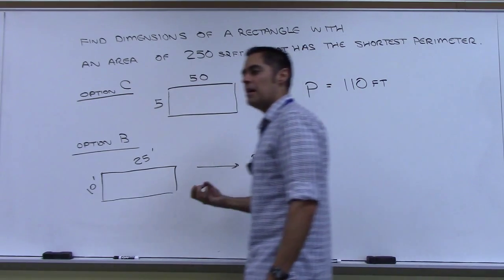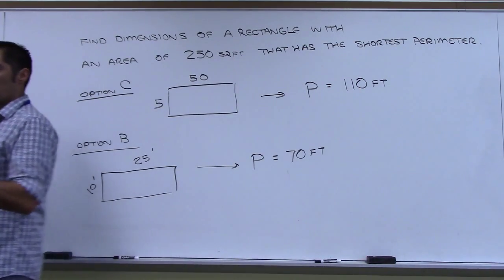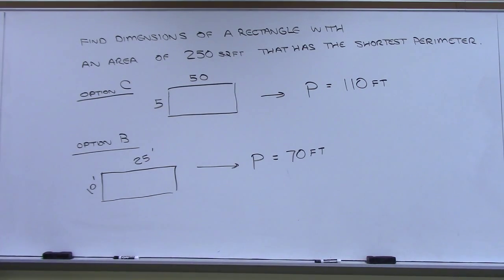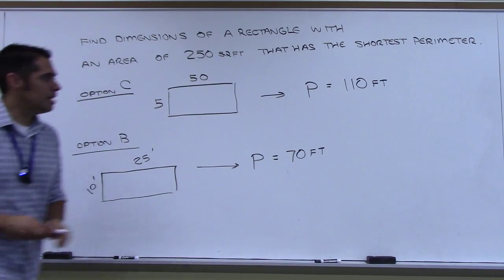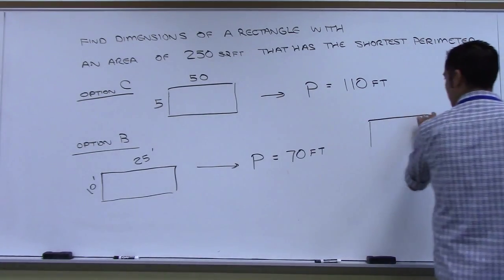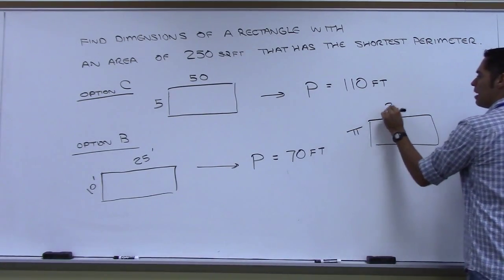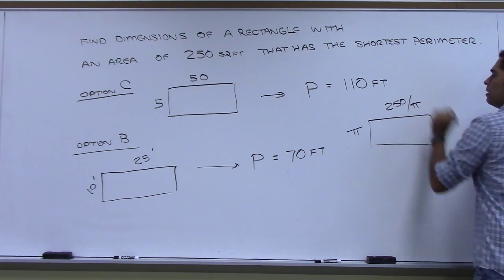And that's where we get into the whole idea of the next section, which is called optimization. What we need to do is figure out what the dimensions need to be to give us the least perimeter without us guessing. Because how many different ways could we do this? There's an infinite number of ways we could build a rectangle with an area of 250, right? I could be some crazy person and say, all right, I want this side to be pi and this side to be 250 over pi.